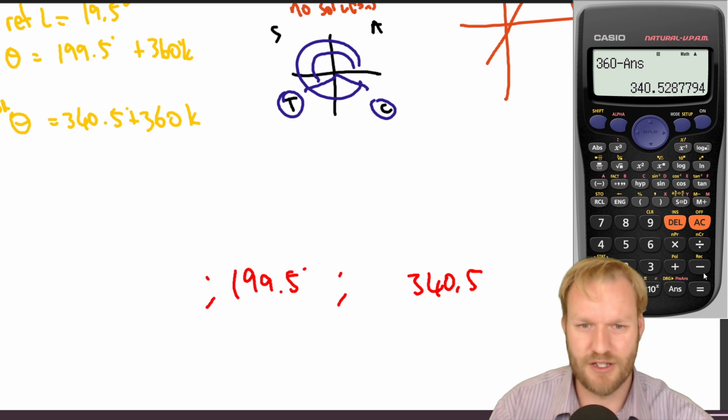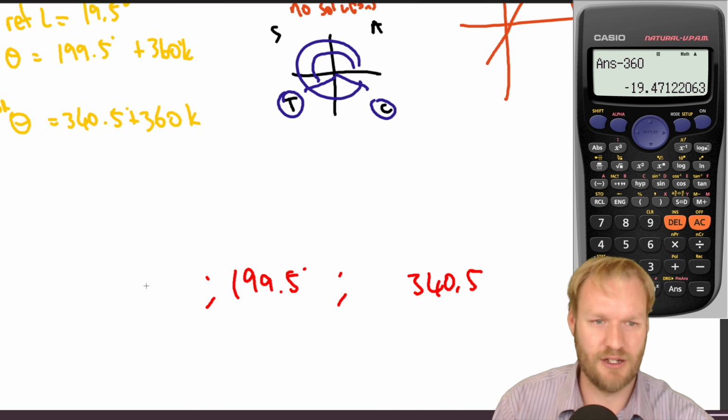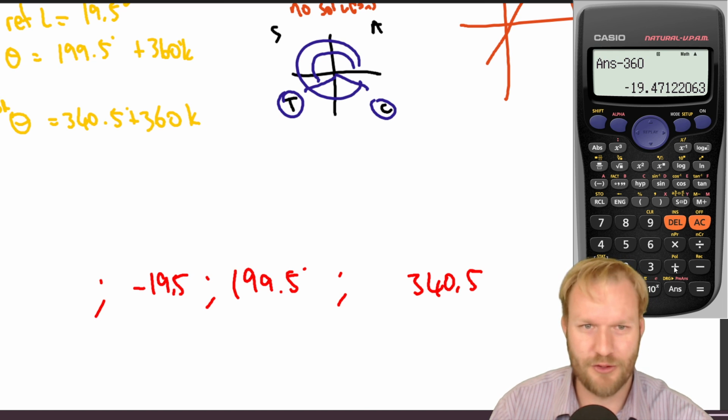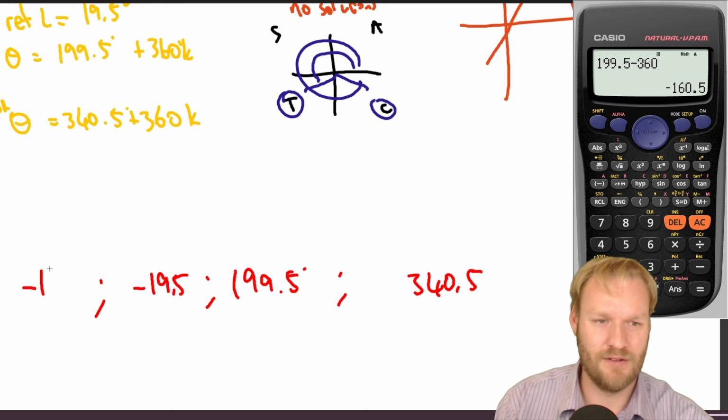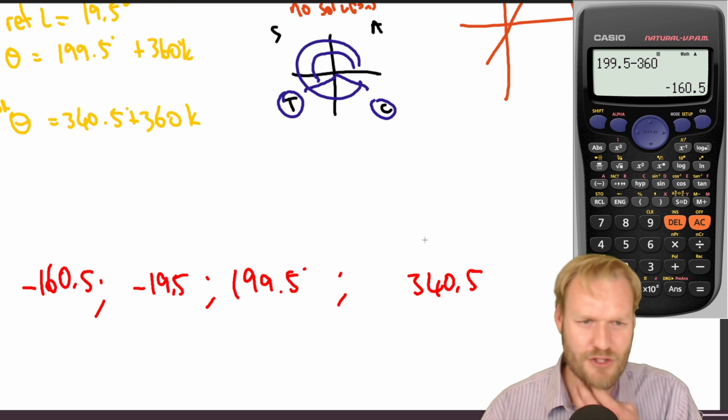So for each of these, we can go minus 360. And I still think some of you must surely have a better, quicker way than the slowpoke way I do this. 199.5 minus 360 gives minus 160.5. Okay, so there are 4 solutions.